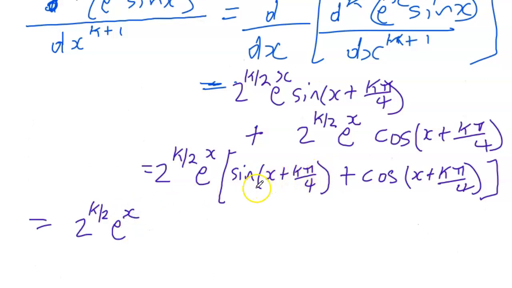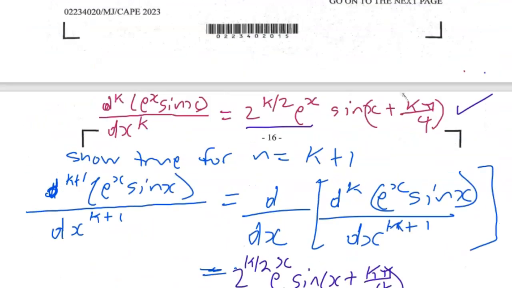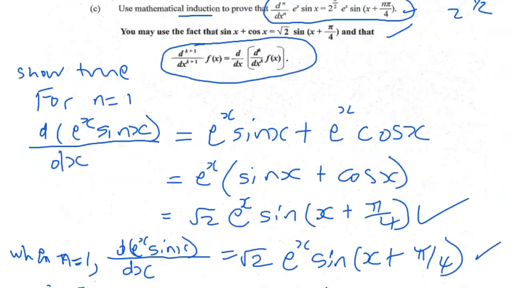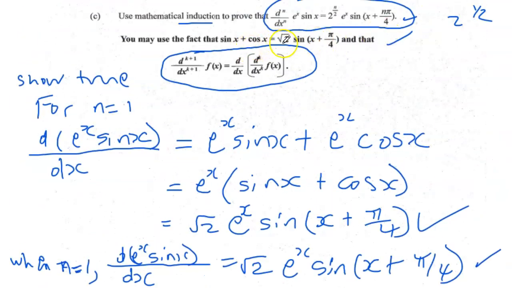Now you recall the summation of the sine plus cos. Let me just go back to that. From up here, the summation of sine plus cos is actually root 2 sine x plus pi over 4.